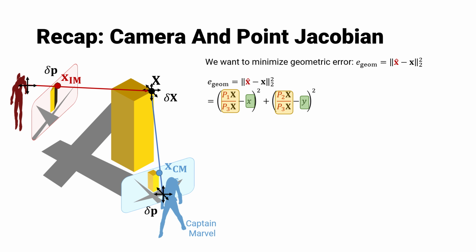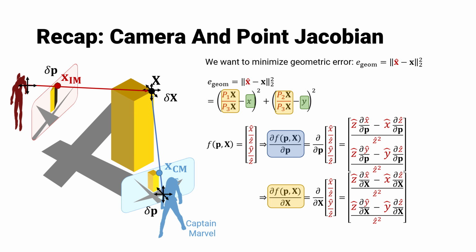So let's quickly recap. We basically have our geometric error. We basically have a camera point, which is going to be projected onto the world point, and the world point will be reprojected back onto the camera point. There is error in both the camera location and the world point, and they're cross-coupled to each other. By twiddling around both the camera pose and the world point X, we can see there are two Jacobians we obtain.